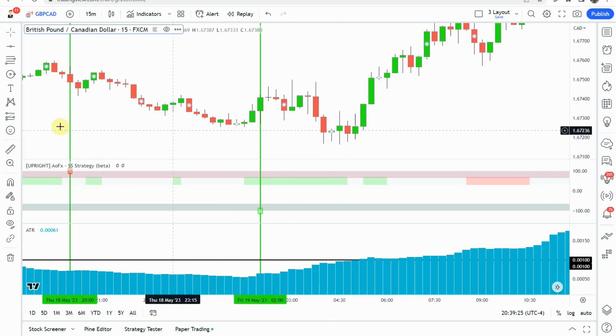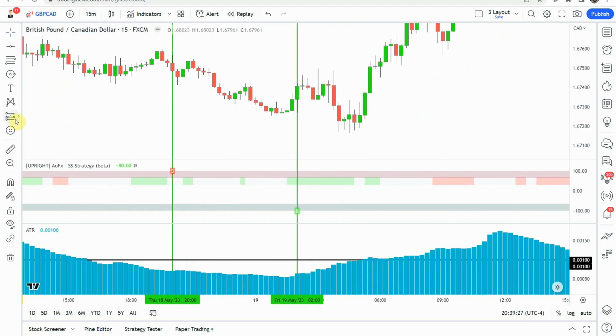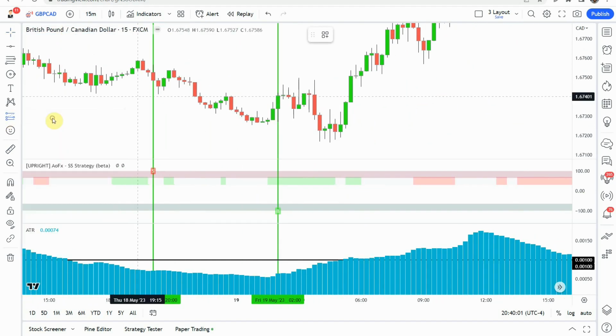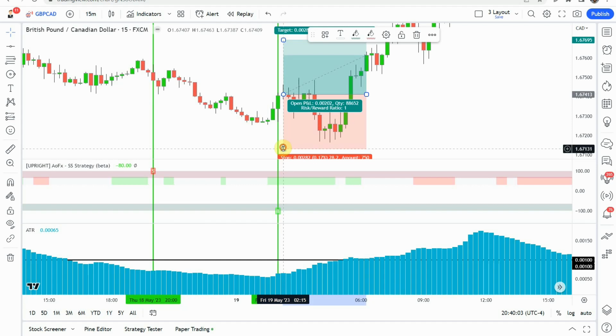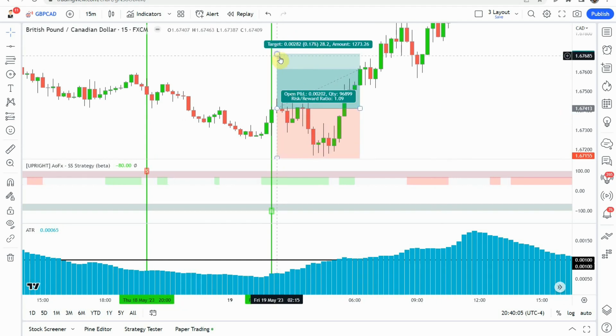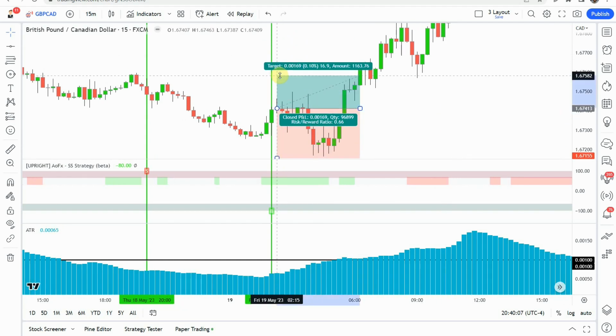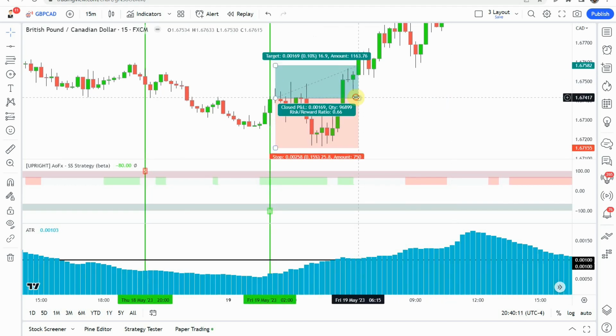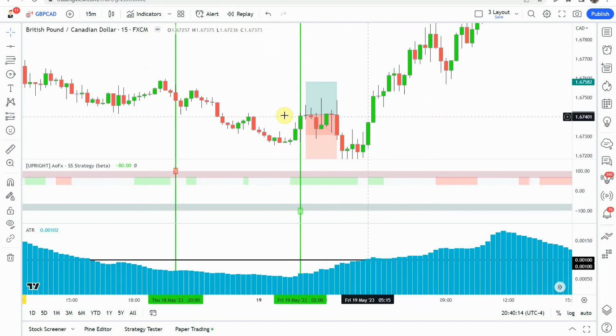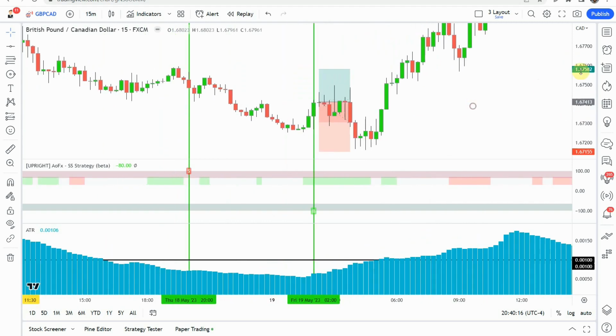So you see our stop, and you get an idea of what we're doing here. We got about 25 pips there, and we're looking for about 15 pips on the upside, and you see that it came up and got us to our take profit again really nicely.